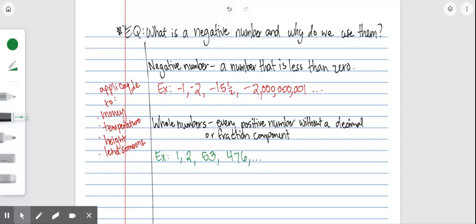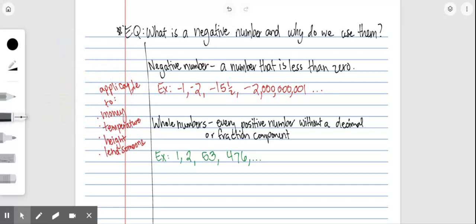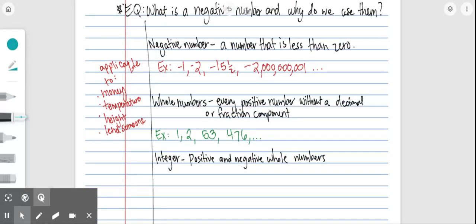Now, whole numbers are only positive, but there are whole numbers, or numbers without fraction and decimal components, that are also inside the negative number list. So we call these numbers integers. Okay? An integer is a positive or negative whole number. All right? An integer is a positive or a negative whole number.